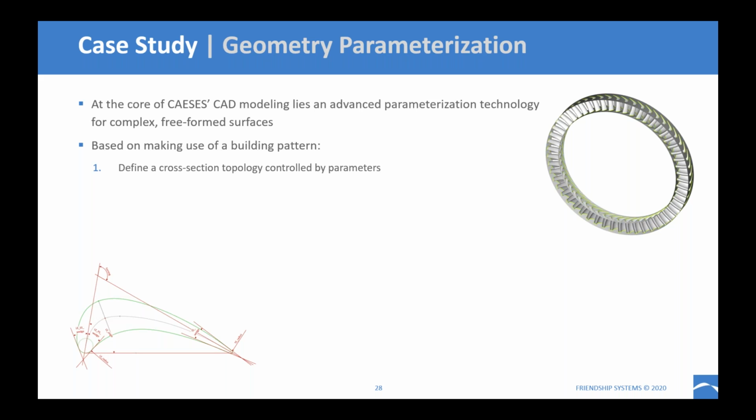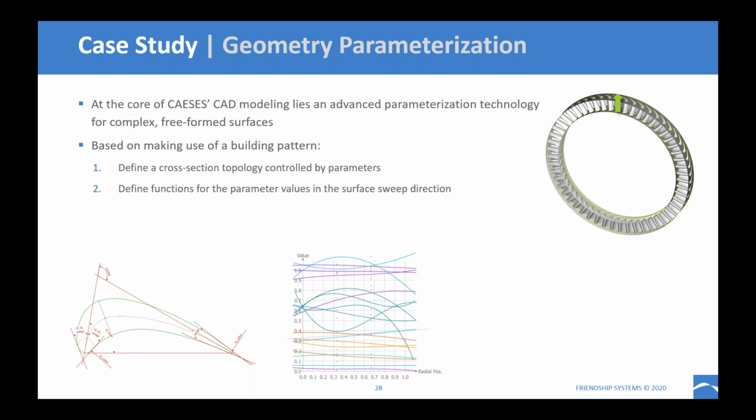Here for the turbine blade, it's an airfoil section, and the airfoil section is defined as a pattern with all the parameters that are needed to create the actual shape, as you can see here. And then we define functions that describe how these parameter values change in the sweep direction of the surface.